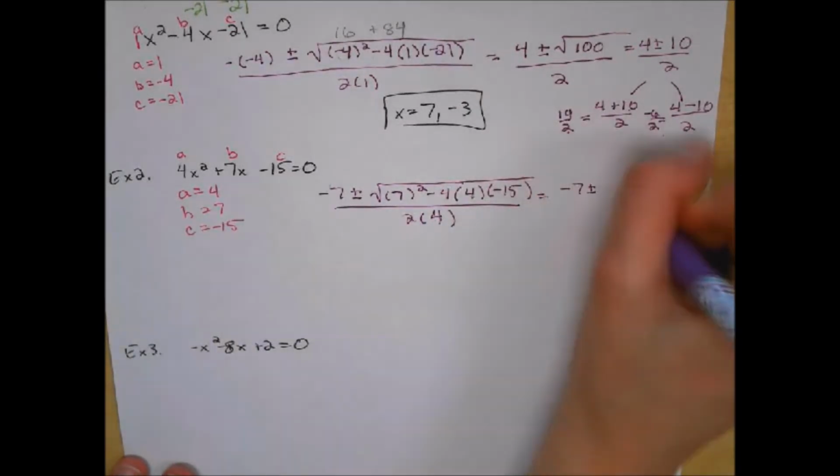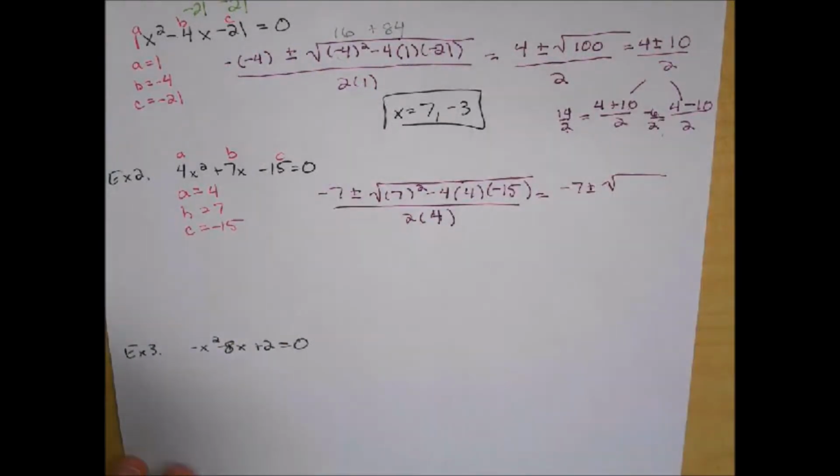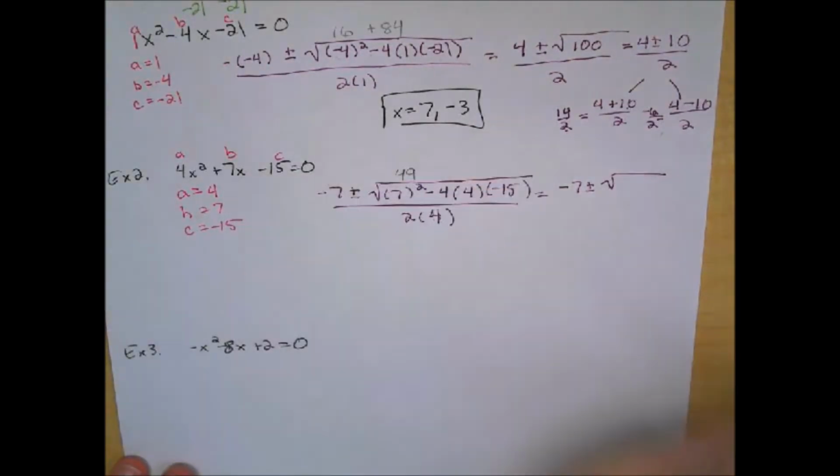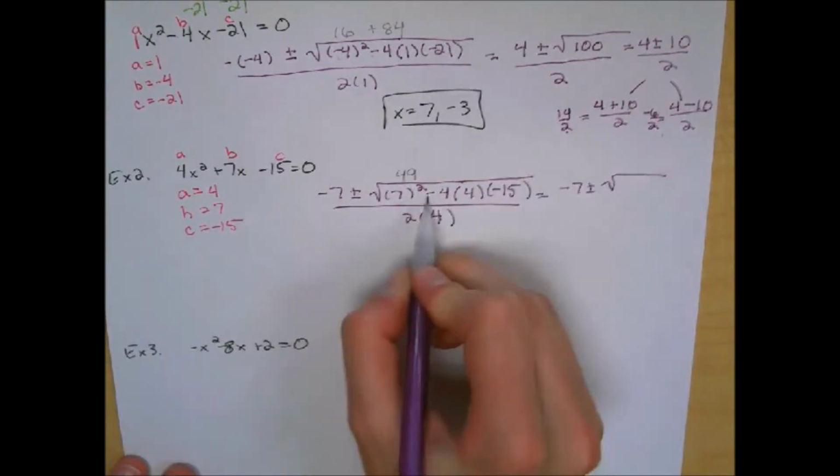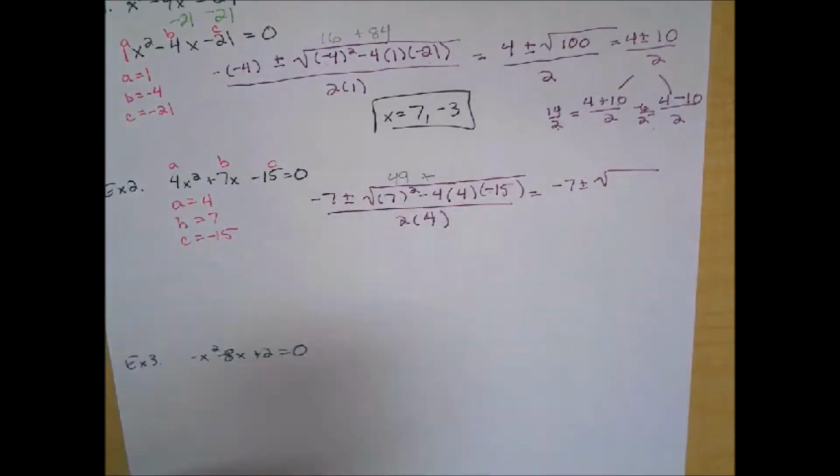Negative 7 plus or minus the square root. I have 49. Negative times a negative, that's going to give me a positive 240.